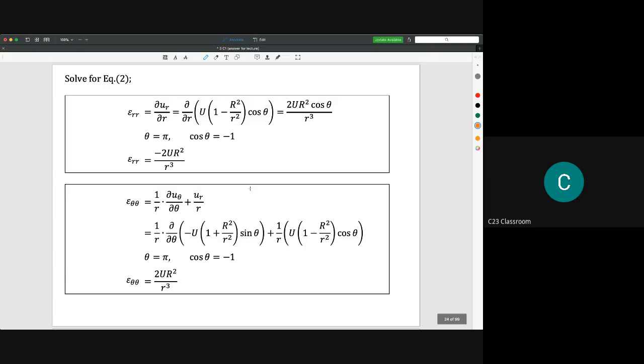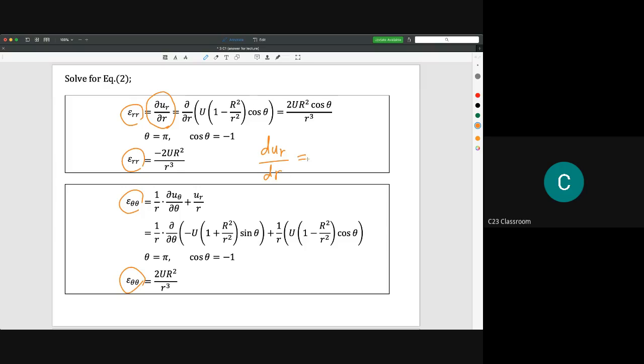And then we substitute to calculate the epsilon in terms of RR and in terms of R theta here. So the basic idea is to make sure that you can derive it very well. You do the differentiation very well. Because in some textbooks they will write something like dUR over dr here.